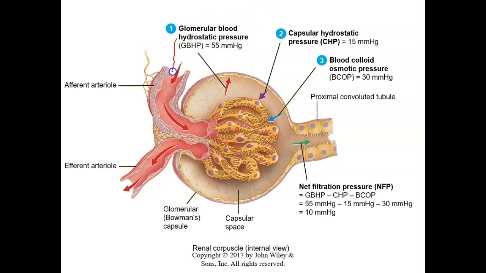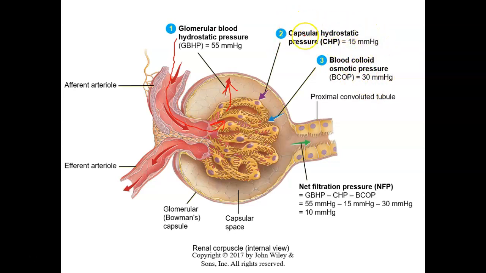The blood comes in through the afferent arteriole, and as it rushes in, it enters into the glomerulus, and the greater amount of pressure it pushes with, the more fluid, the more filtrate, is produced. So there's a balance. It's what's the net difference between blood hydrostatic pressure, capsular hydrostatic pressure, and blood colloid osmotic pressure.